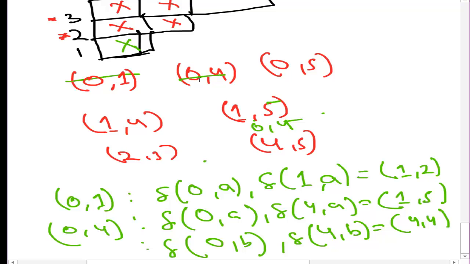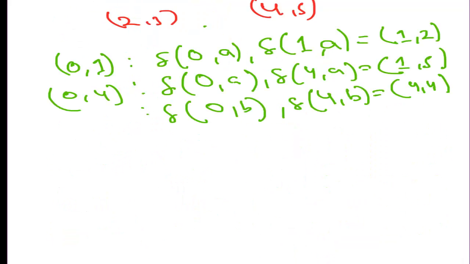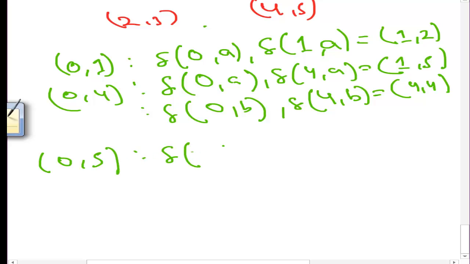Similarly, we go to the next state, that is 0 5 now. And we take up here the 0 5. So what do I say on 0 on A, comma, delta 5 on A, where will it go?